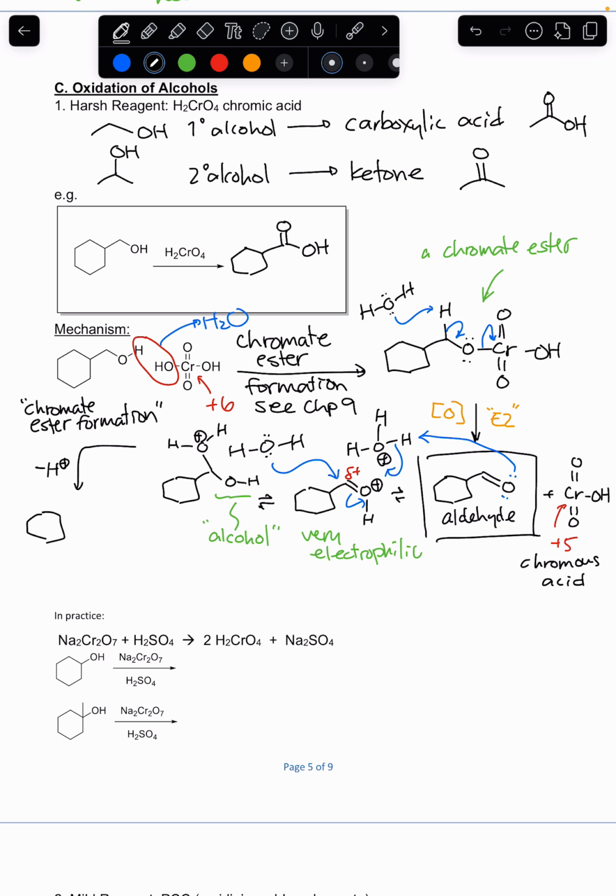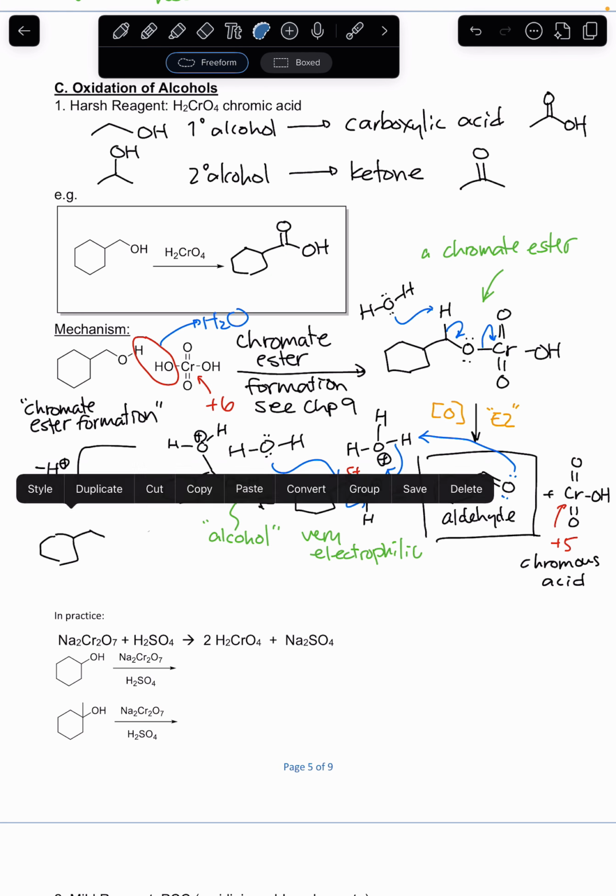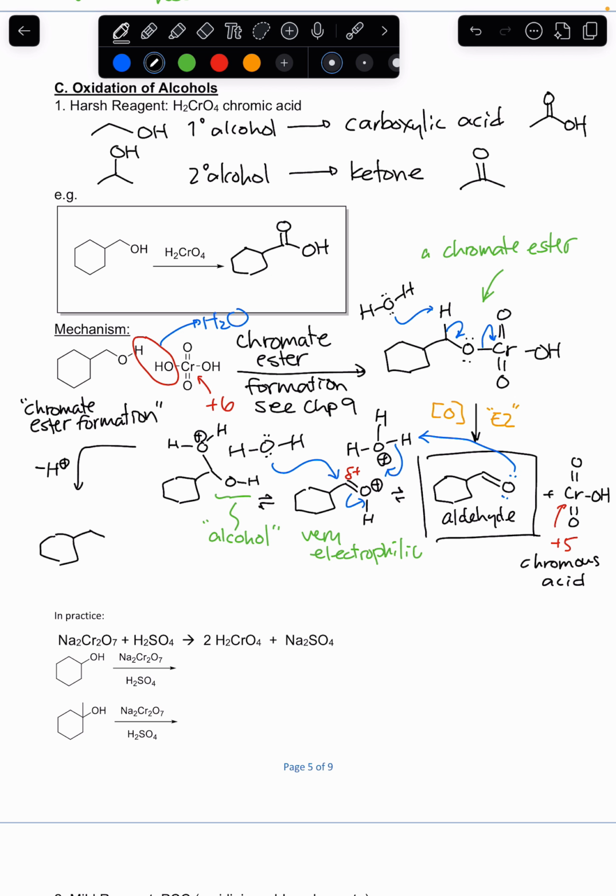But once you go through that, perhaps with the chromous acid, and again, we're going to lose a proton in the OH group, so you get this chromous ester, one less oxygen.